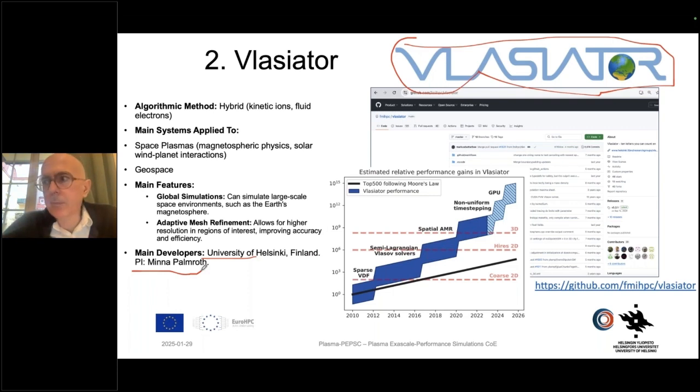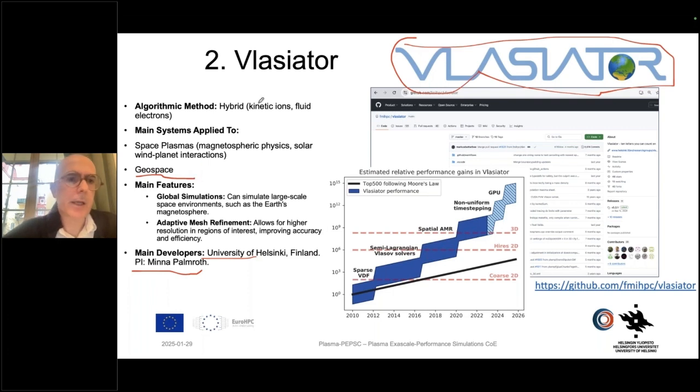That means magnetosphere, dipole interaction with winds. So it can be the Earth's magnetosphere with the solar wind. It's dedicated to studying magnetospheric physics, solar wind interaction, but in general all of geospace and the environment. This can go from modeling small parts to global parts, but I would say the very strength is to model the global part.